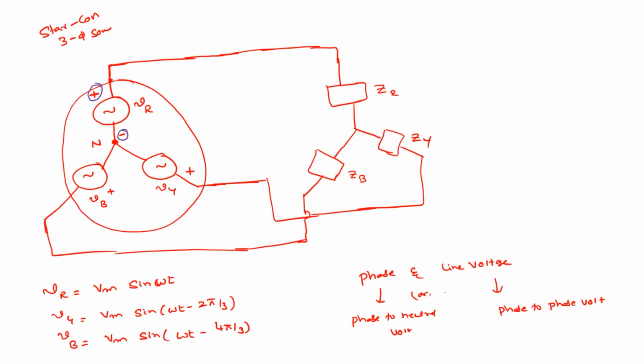Agree? This can be written simply as VRN. Similarly, this is the Y phase, this is the phase point, and this is neutral, so this is VYN, and this is VBN.